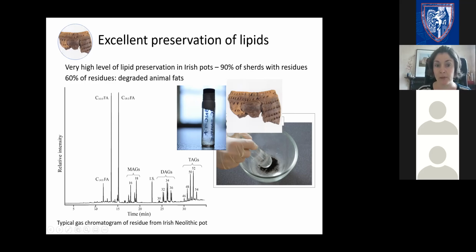If you saw it in the lab, you would immediately say degraded animal fat. 60% of the residues I got in that earlier study were degraded animal fats. So there was brilliant preservation, very exciting.